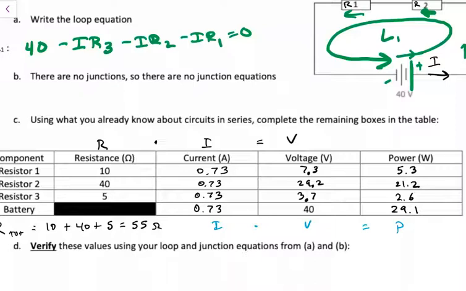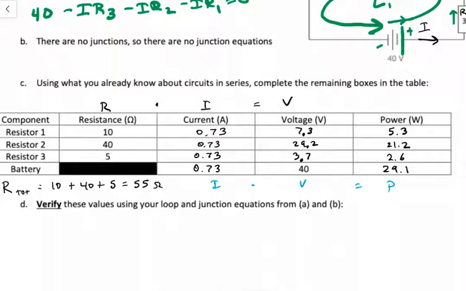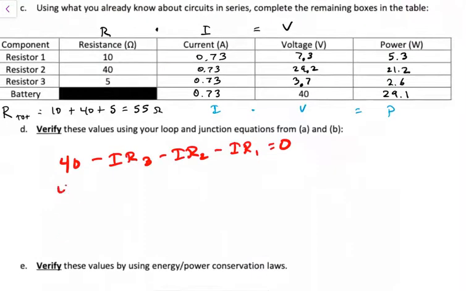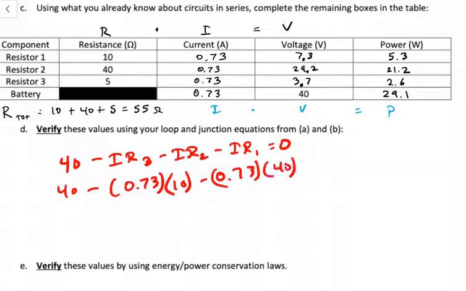We really only have part A, so I just need to make sure that this 40 minus IR3 minus IR2 minus IR1 equals 0. So I get 40 minus 0.73 times 10 minus 0.73 times 40 minus 0.73 times 5.